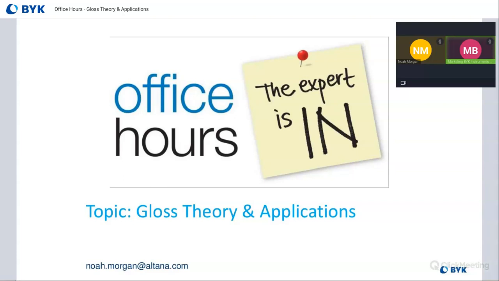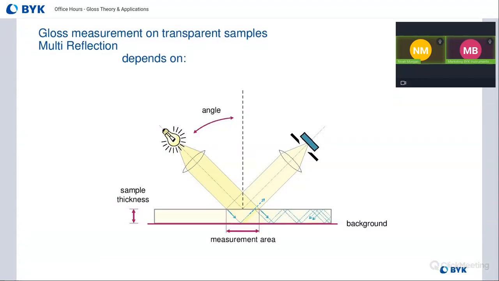Just to reiterate, you mentioned that if you're measuring samples that are clear or transparent, you should use a vacuum, and that should be matte black. Right.